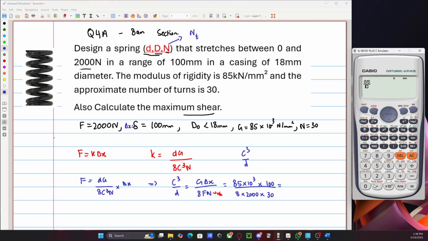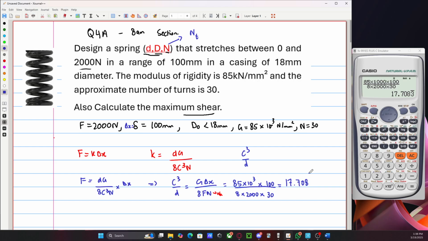So let's do the bottom one first: 2000 times 30. And the top part we multiply by 1000 and 100, and we get 85 over 8 times 60, which is 17.708.